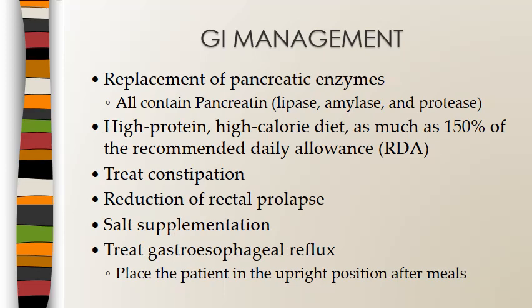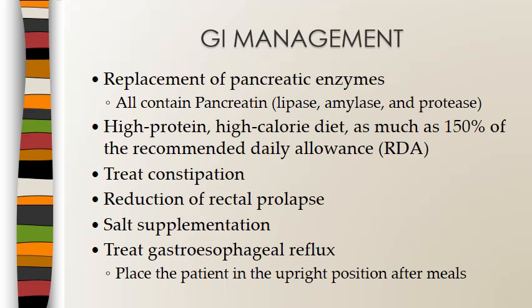So the GI management of these children includes replacement of their pancreatic enzyme. So they will receive a medication that will replace their lipase, amylase, and protease enzymes. They receive the enzyme supplementations prior to a meal and prior to eating.